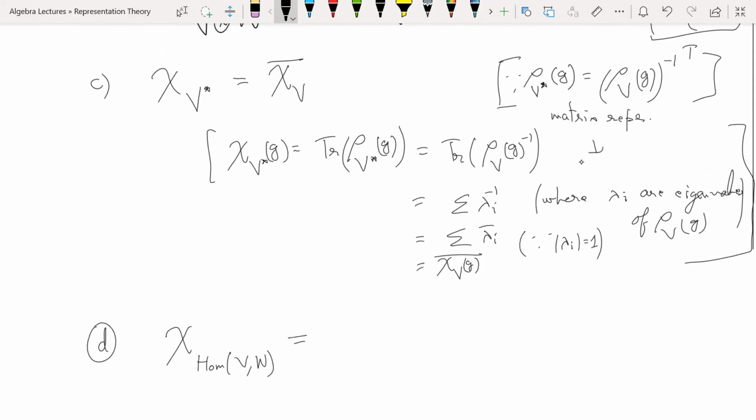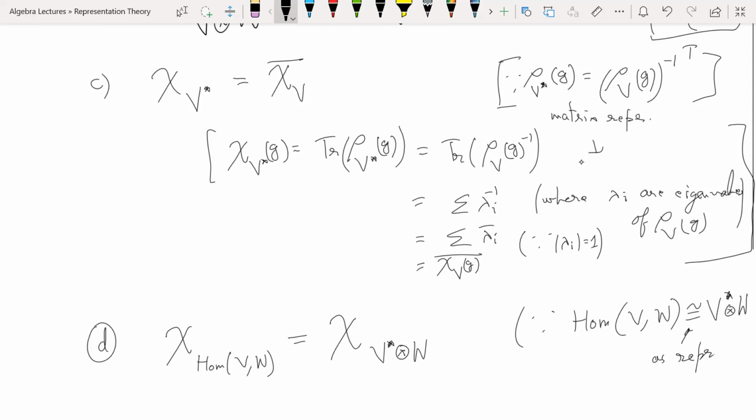So this is the same as chi of V dual tensor W, since Hom, I maybe left it as a homework problem, as G representations they are the same.